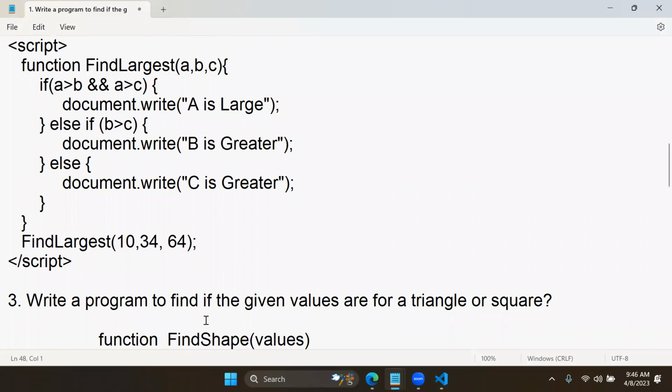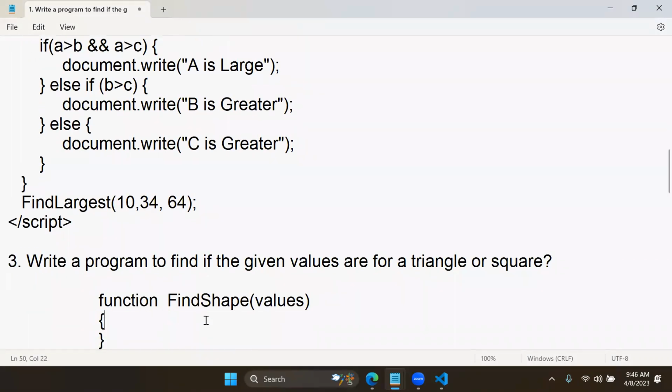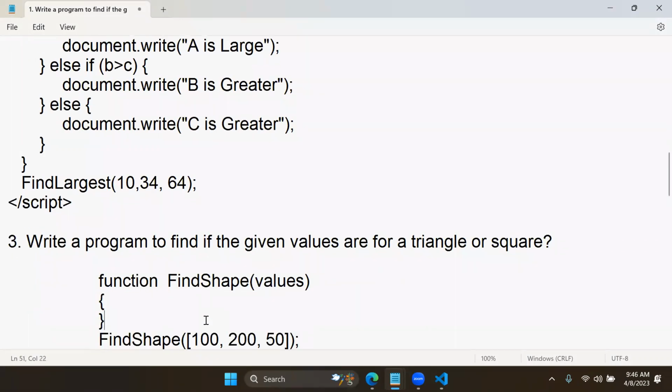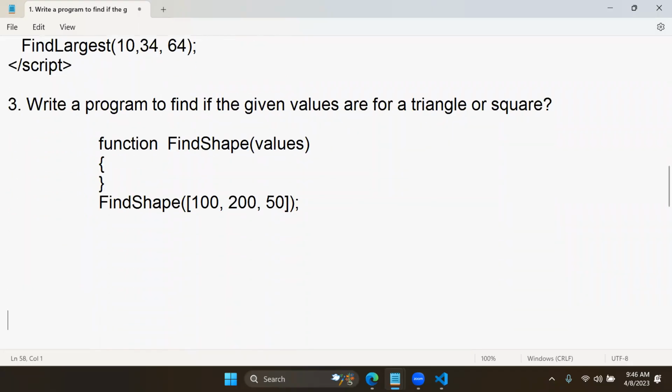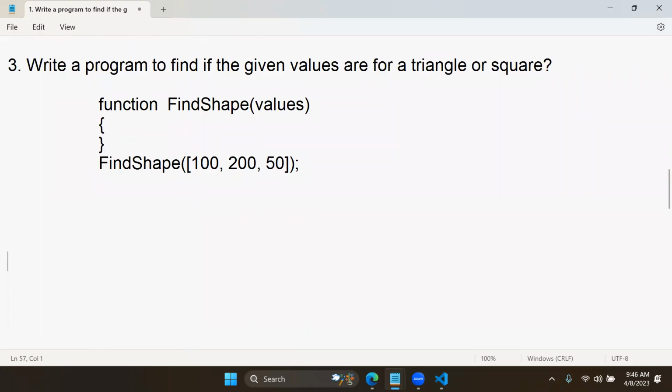Write a program to find if the given values are for a triangle or square. It's a simple one, but logically you have to think about one point. This is an array, you are passing an array into the function.